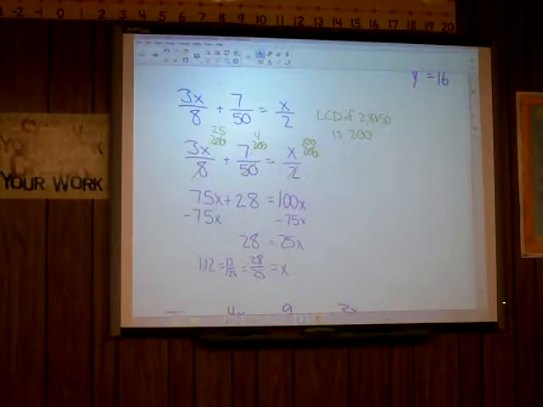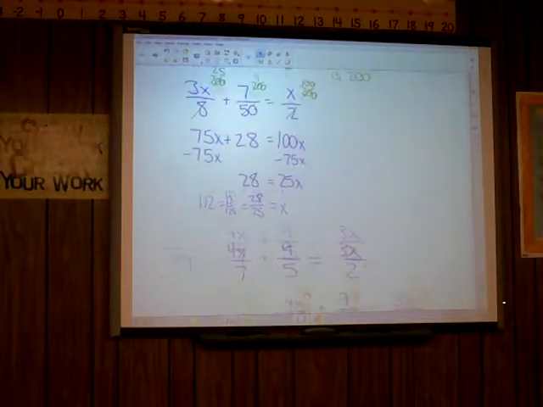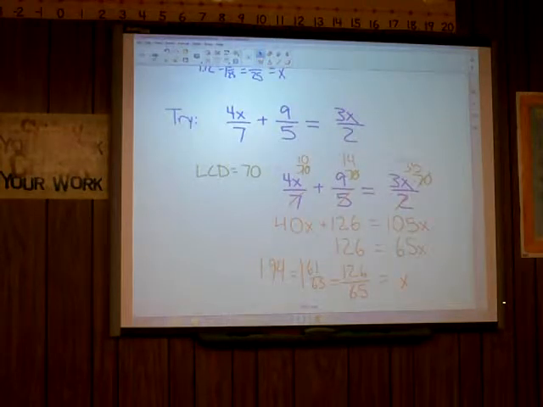Obviously, some of these are just translation types of problems. And on page 300, problem number 1 is one type of problem like that, where we're just doing some translation work.